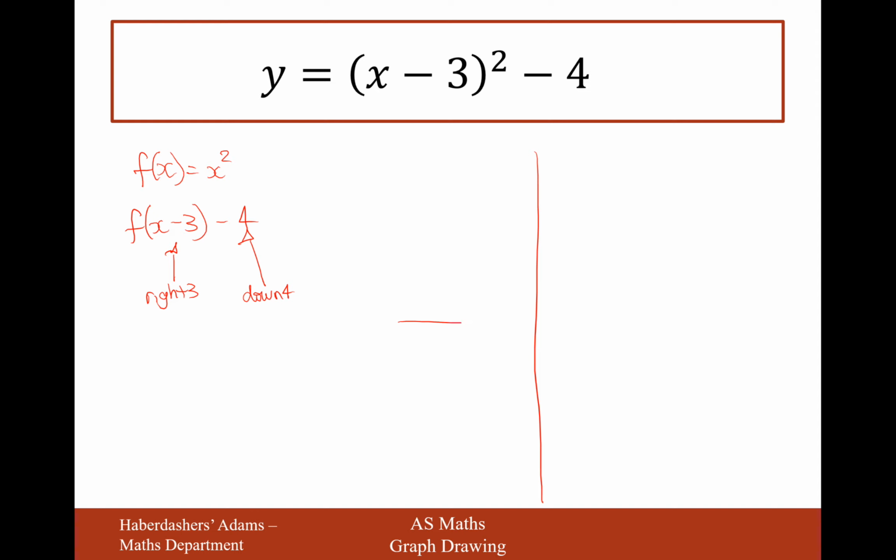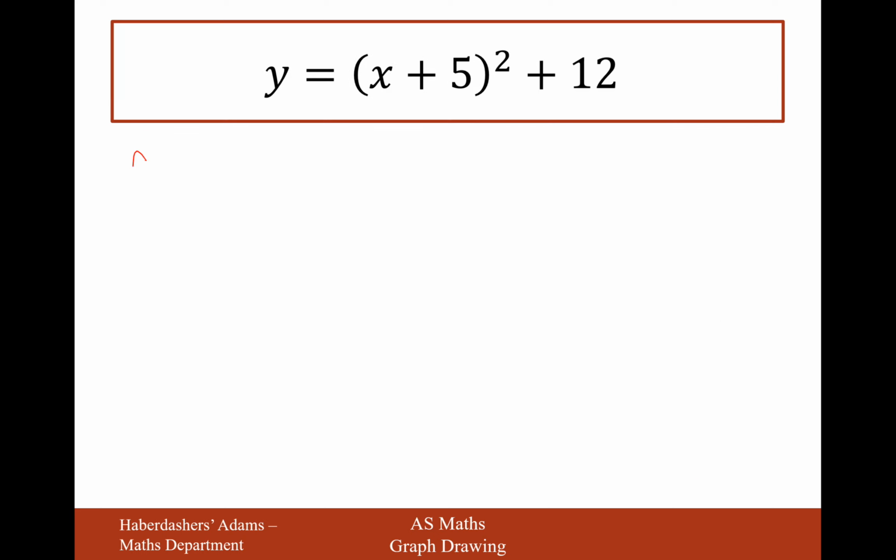So the shape of this graph is going to be x squared, moved right by 3, down by 4, so it's going to look like that. It's going to have a minimum point at 3, minus 4, and there we are, that's the minimum point, and that's the shape of the graph.